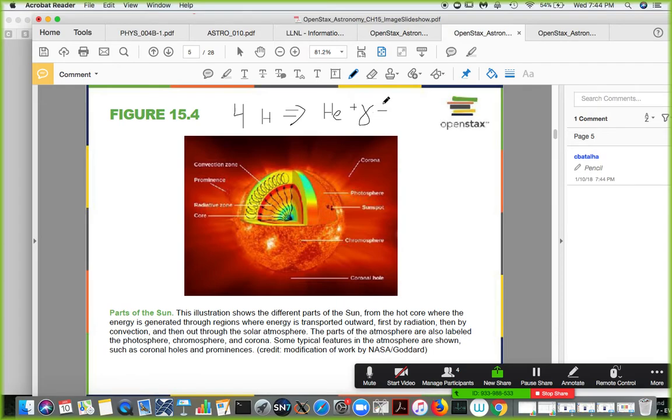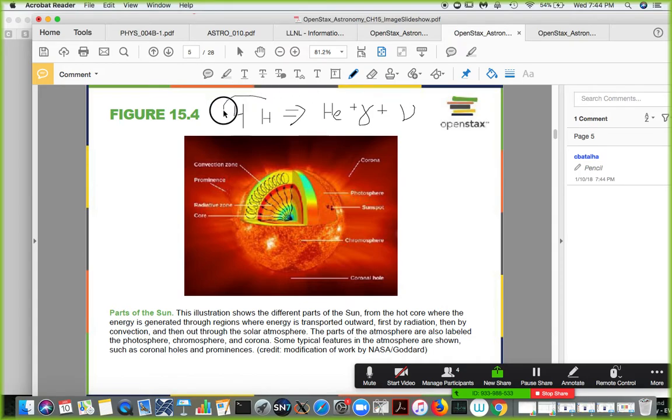So gamma rays plus an elusive particle named neutrino that escapes the sun. Neutrinos interact very little with matter. We have trillions of neutrinos crossing every square inch of our body every second. There is a flood of neutrinos passing by, but they interact very poorly with matter. And so they are not trapped by the sun's interior material.